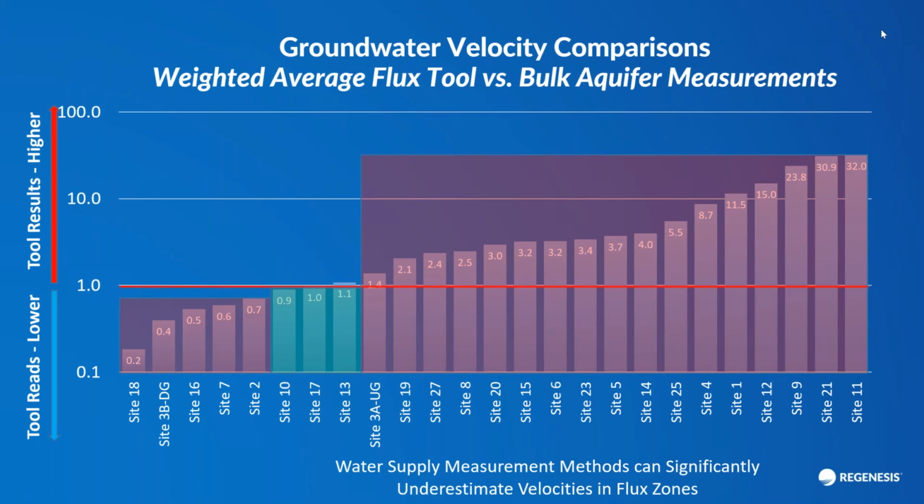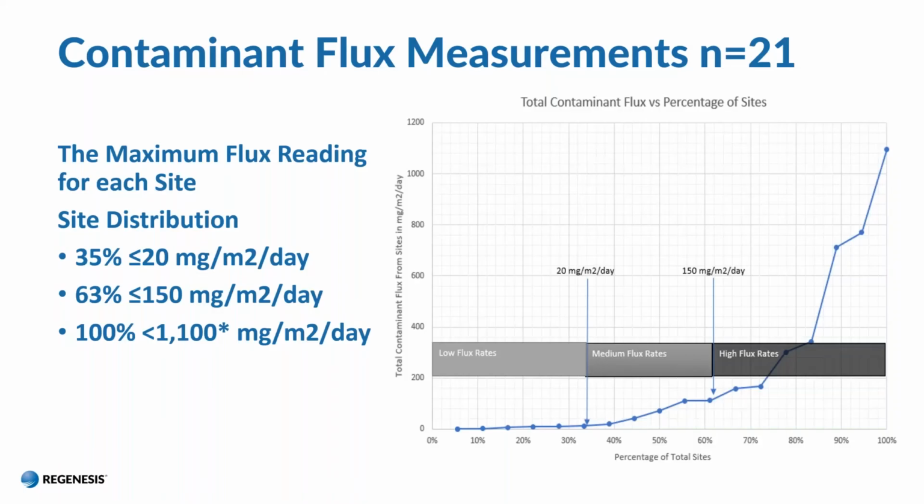And if we think about that in gross numbers, we're right 3 out of 25 times, that's 12%. But we're wrong in the wrong direction, underestimating it using traditional methods, 68% of the time. So we just aren't very good at estimating the real velocities that matter most using traditional methods.